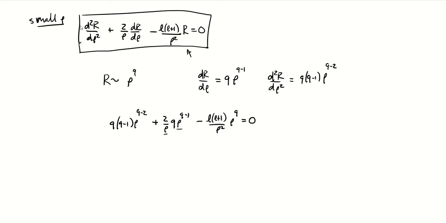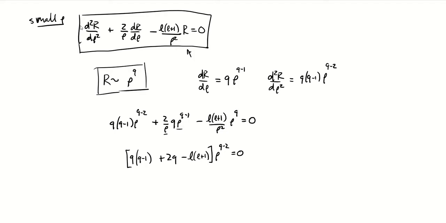We can factor out that rho to the q minus 2, and we end up with q times q minus 1 plus 2q minus L times L plus 1, all of that times rho to the q minus 2, equal to 0. So for small rho, we expect our function to look like that, provided that this term is actually equal to 0.